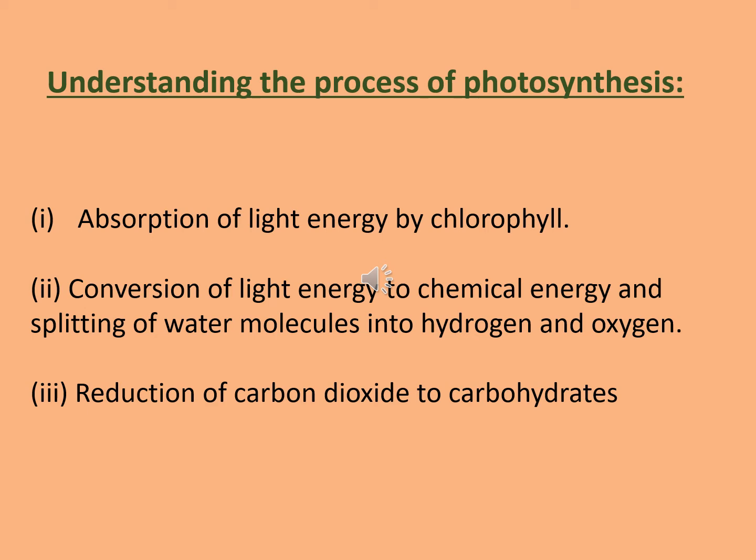So at the end of the reaction, carbohydrate in the form of starch is formed, and this process also yields oxygen as a byproduct. This way the entire process of photosynthesis is accomplished inside the chloroplast.